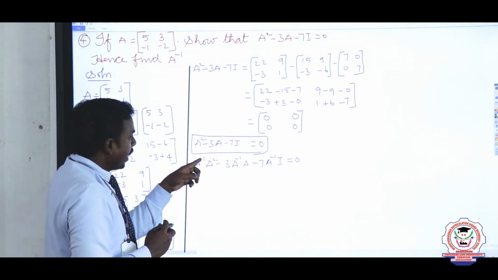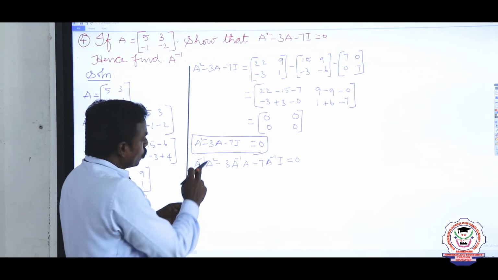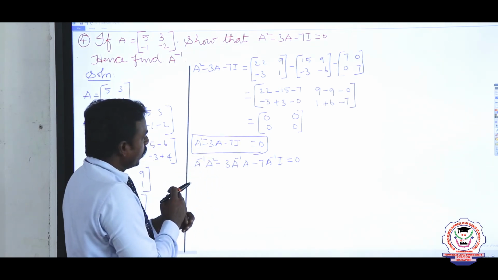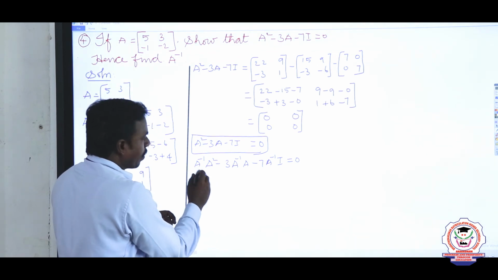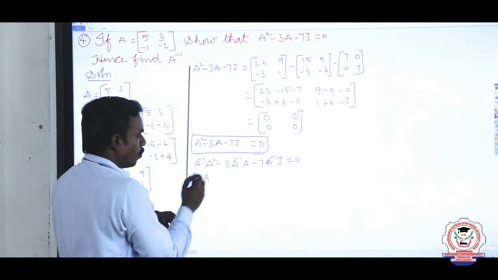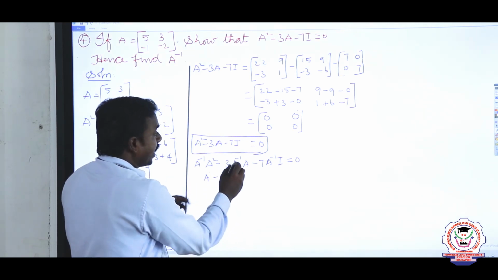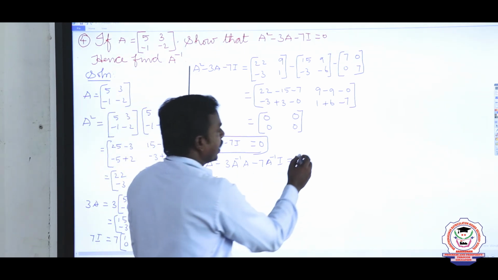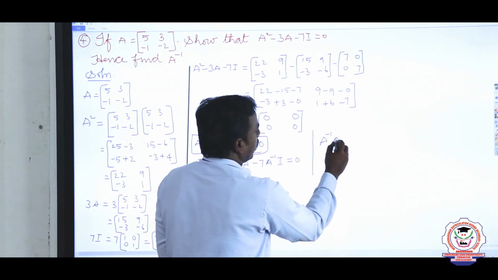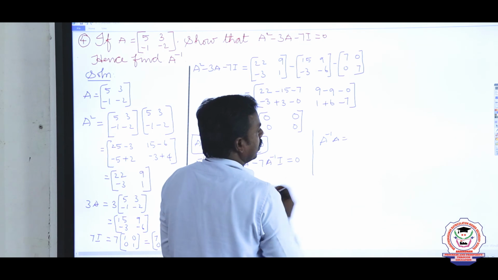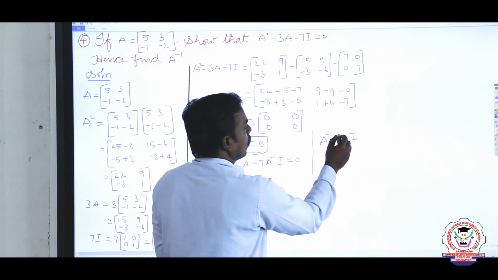Now A inverse into A squared: if the bases are equal, we can add the powers. So minus 1 plus 2 is 1, so A to the power 1. Likewise, A inverse into A is equal to I, the identity matrix.